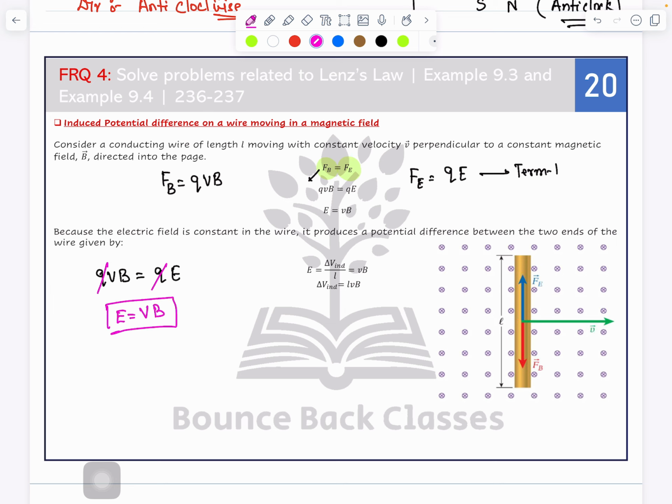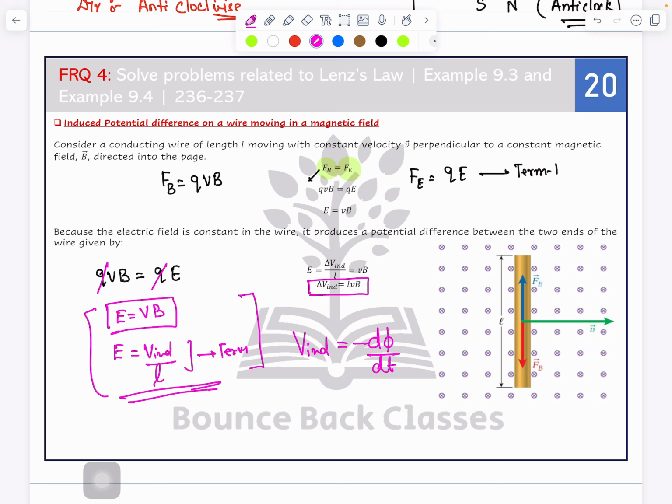Clear? Okay. We have another formula, E equals V induced divided by L. This is also from your term 1. Okay guys, I'll tell you something: if you don't remember these formulas, leave them. We are not going to use them. You have to remember this equation directly, either that V induced equals negative d phi over dt, or you can remember directly V induced is BLV.